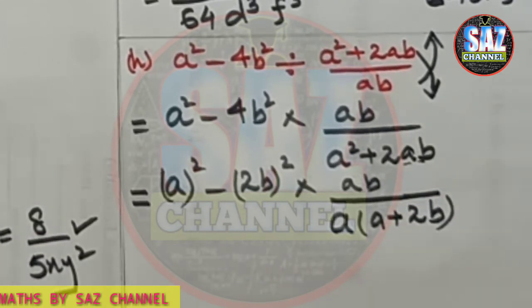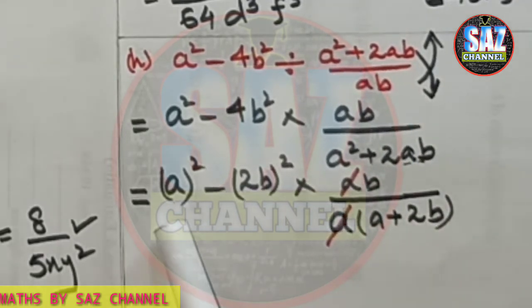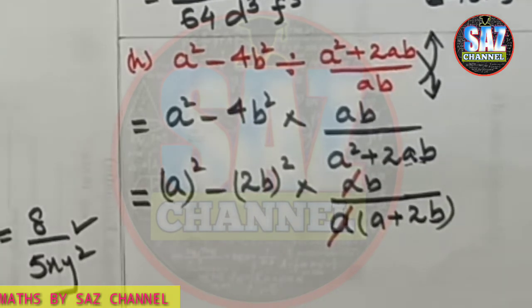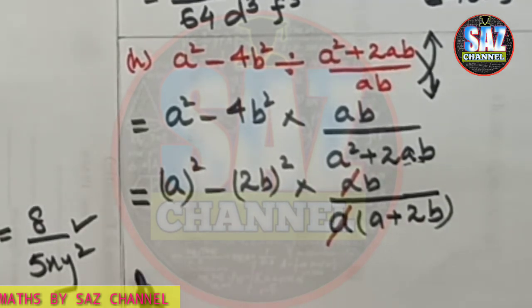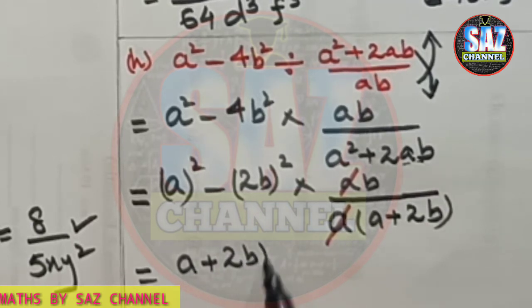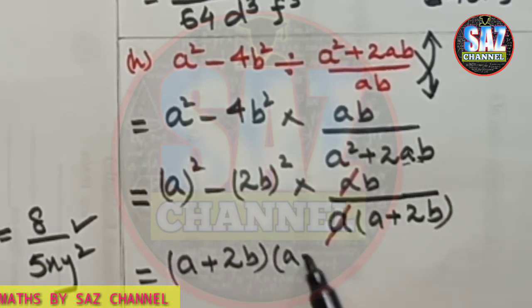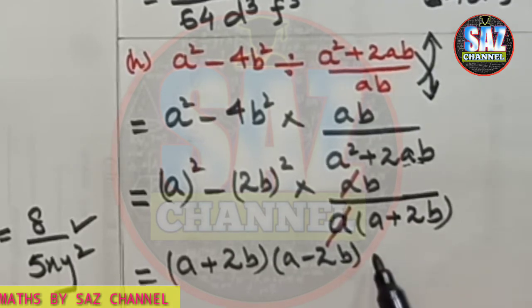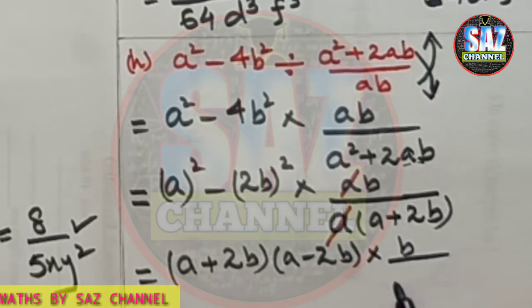We can simplify this a with this a. Okay, and then on the part a square minus 2b square, I have to write it in the form a plus b multiplied by a minus b, and it will take the form a plus 2b multiplied by a minus 2b multiplied by b upon a plus 2b.